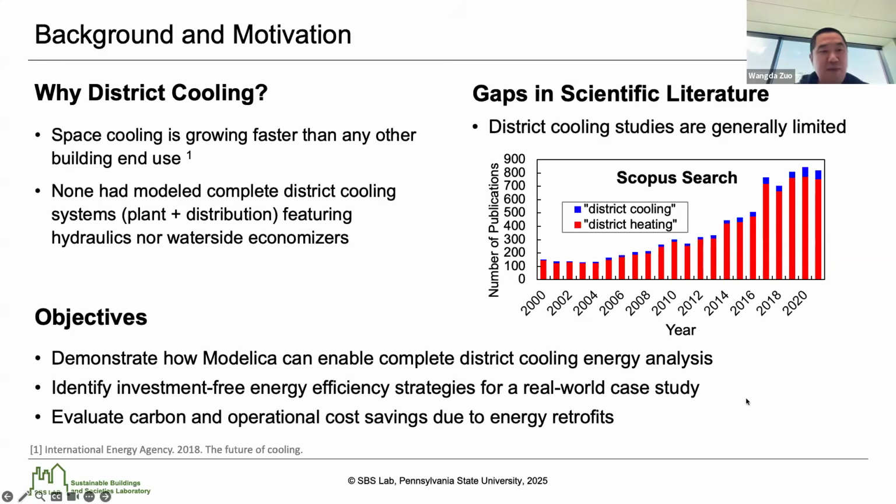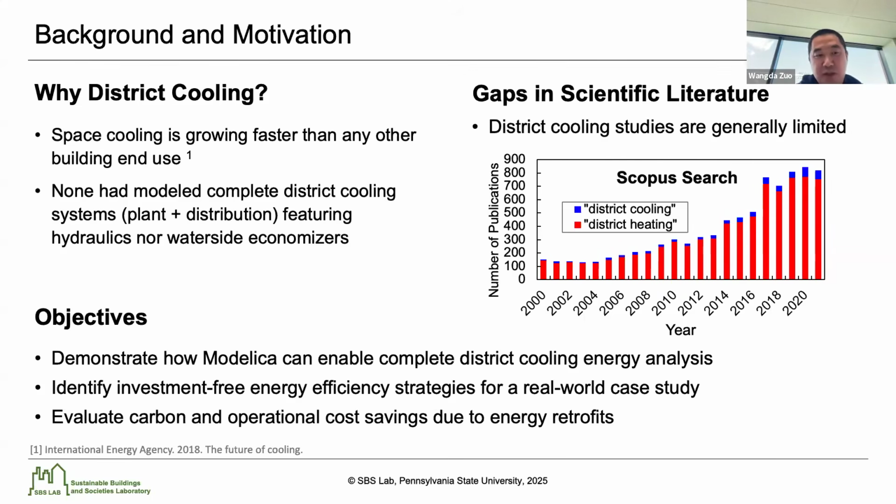The objective of this study is to demonstrate how Modelica can enable complete district cooling energy analysis. That means including the plant, the distribution network, and the buildings. Then we can identify investment-free energy efficiency strategies for a real-world case study.